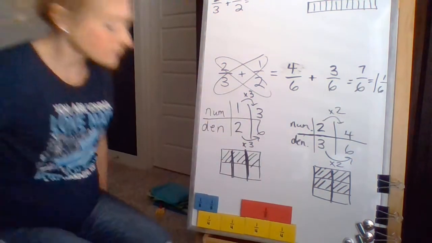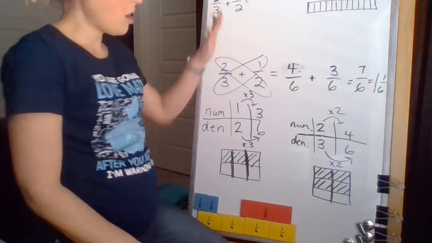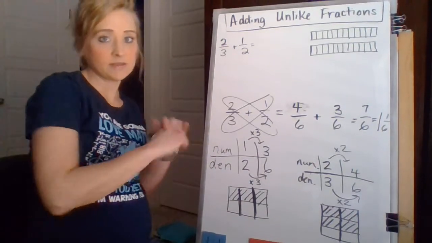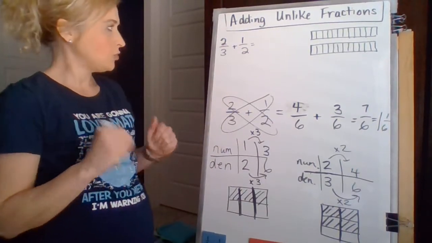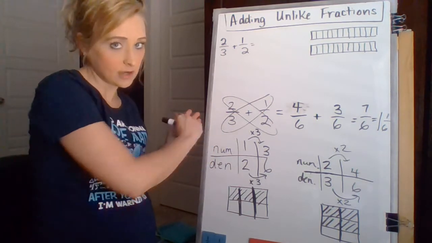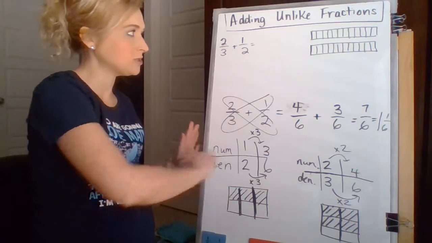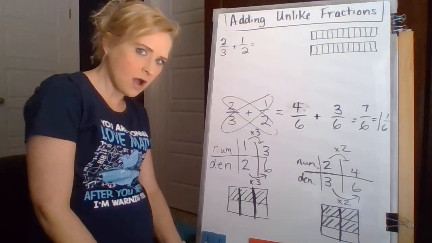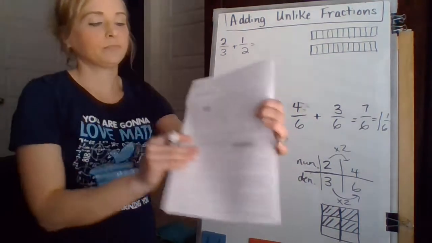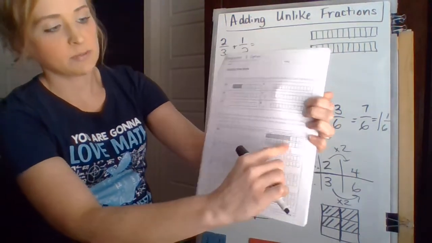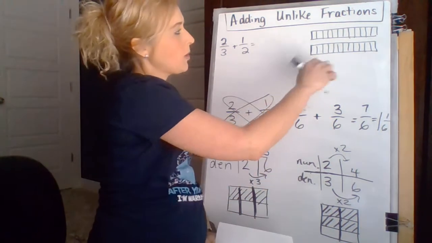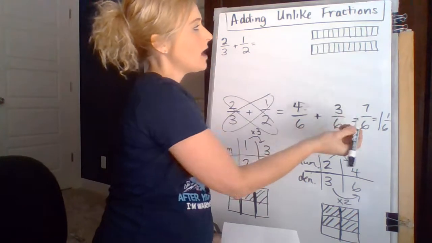Okay? So hopefully all of that is coming back to you, and hopefully when we listed out those common denominators, you saw where we had 6 as a common denominator when we were listing those multiples of 3 and 2. And we also said 12 was a common multiple. If you notice on your page, all of these models are split into 12s, okay? And that's where they decided to group 2 of them together and call that a 6.